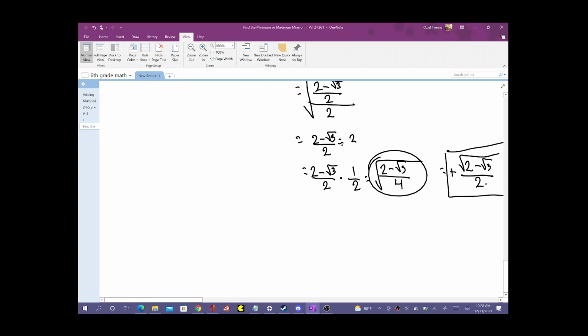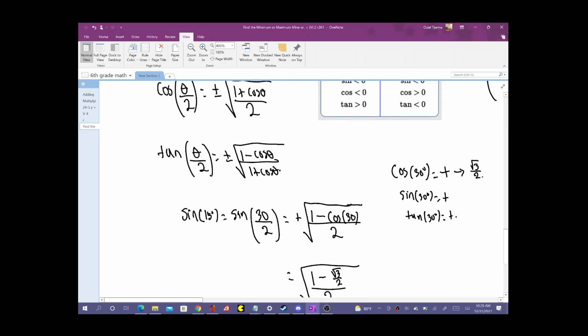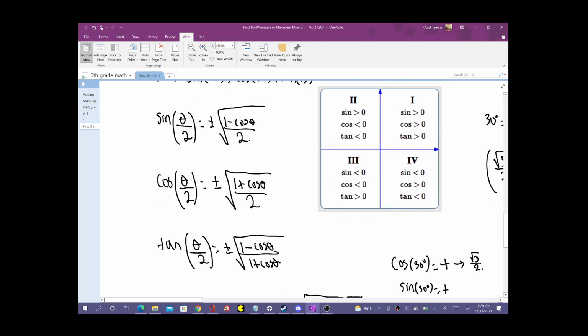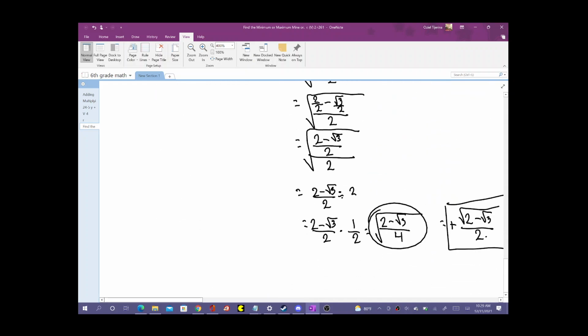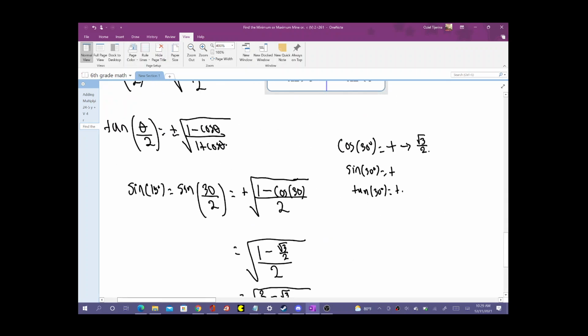So that is what sine of 15 degrees would be. You can use a calculator and approximate it, but you don't have to, not in this case, unless they ask you. Just make sure you round to the correct decimal places. So that is for sine of 30 over 2.